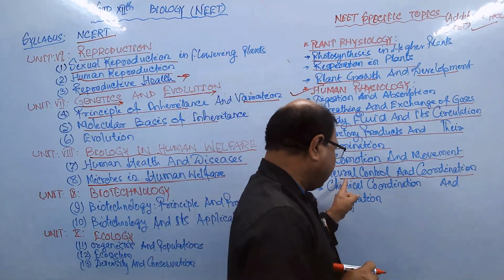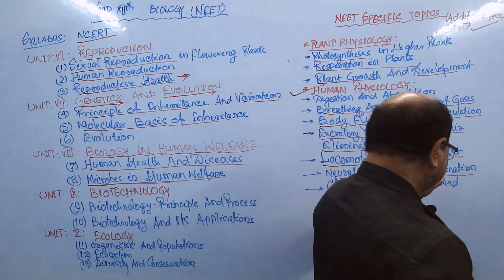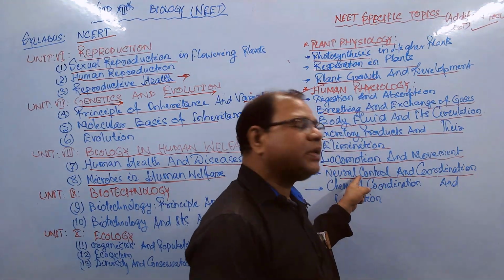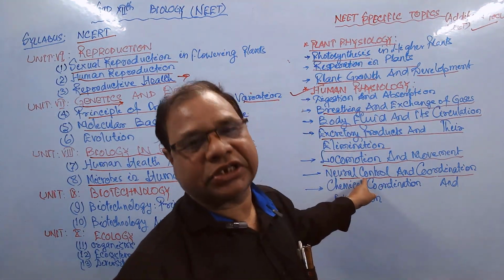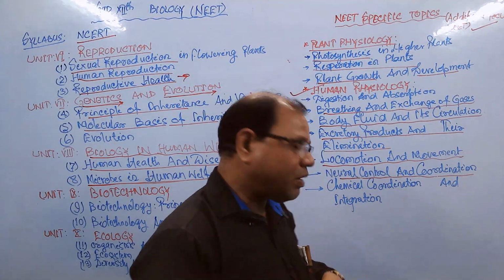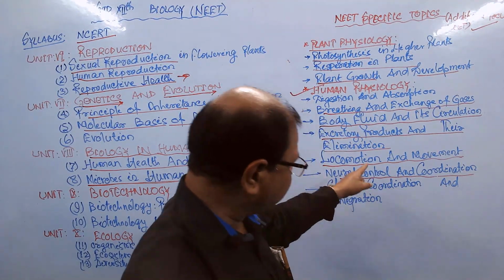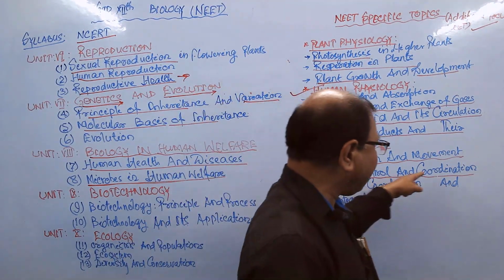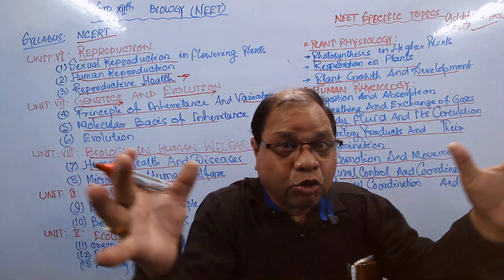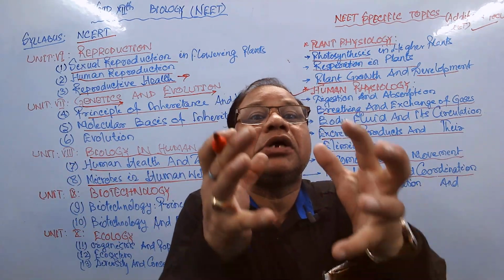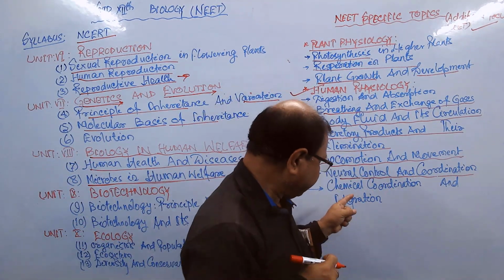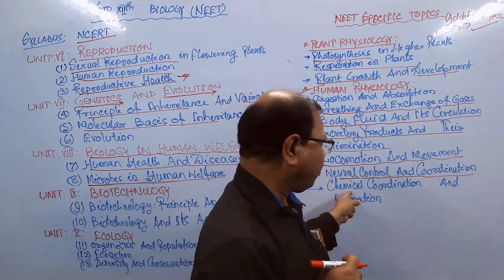Next point, neural control and coordination. We studied neural control in 10th in the nervous system, but you studied only the nervous system. Here we go through neural control and coordination, how different parts of our brain communicate with each other. Next point, chemical coordination.